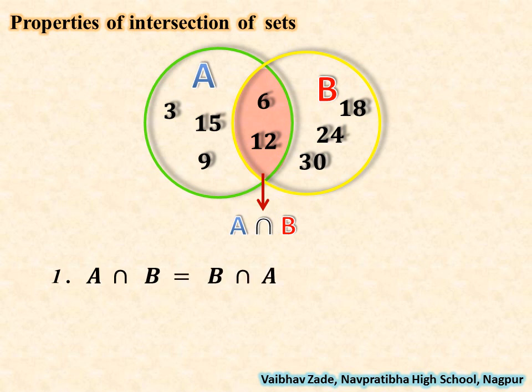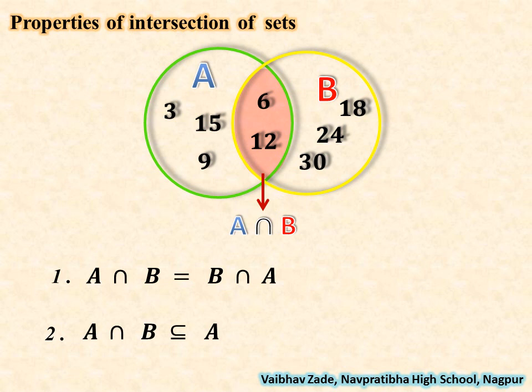A intersection B is equal to B intersection A. It means either you write A intersection B or B intersection A, both are the same thing. There is no difference between them.